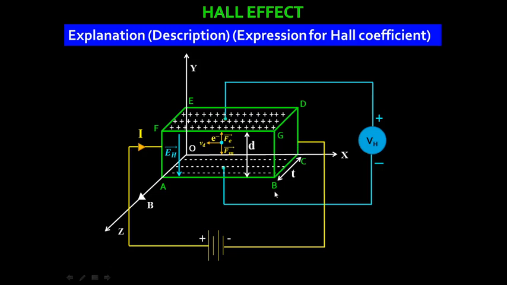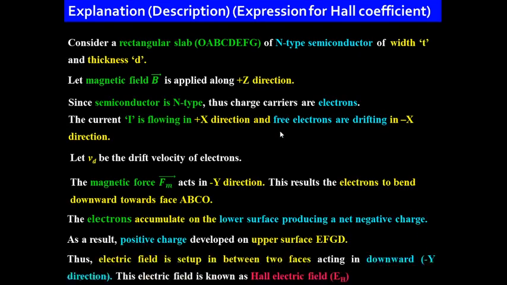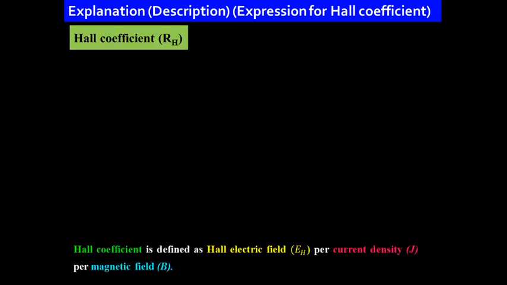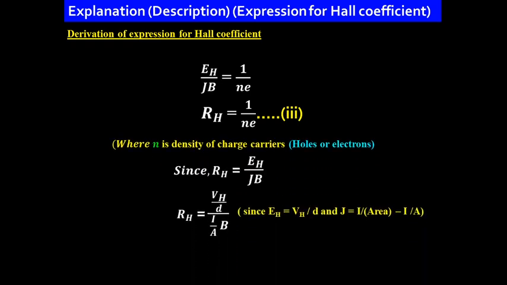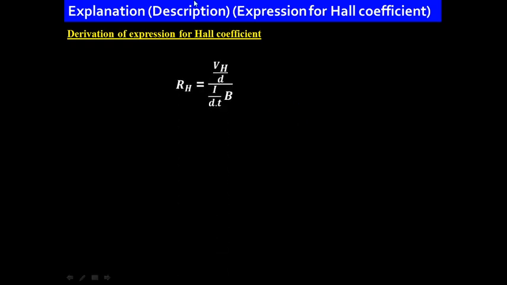This width into thickness, T into D. This side is D and BC is T. T into D will give the cross sectional area of this rectangular semiconducting slab. So cross sectional area is D into T, thickness into width.